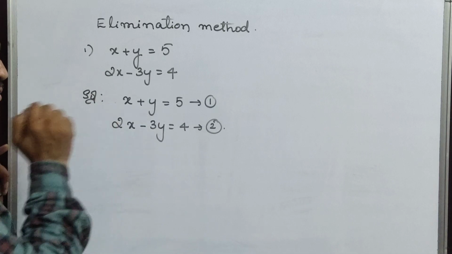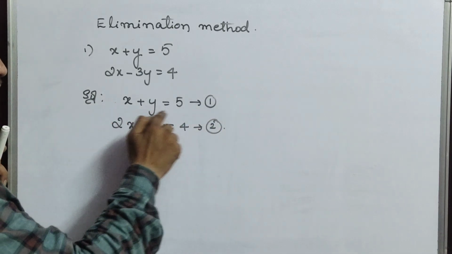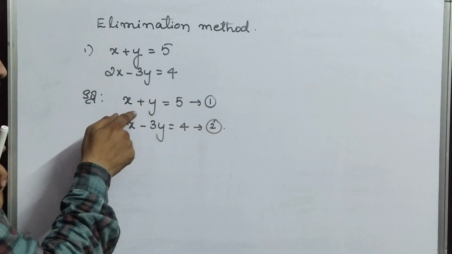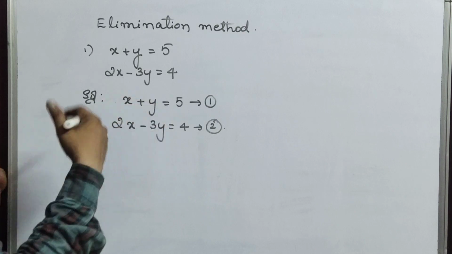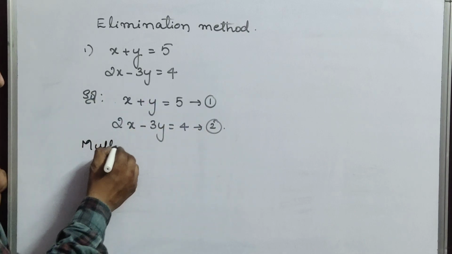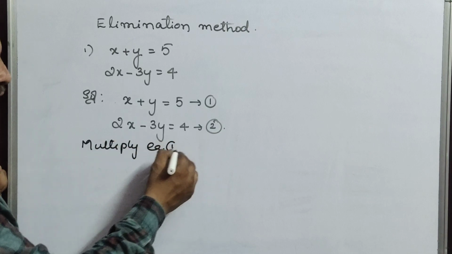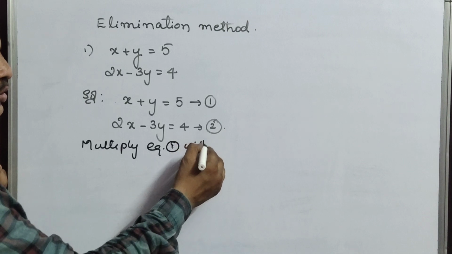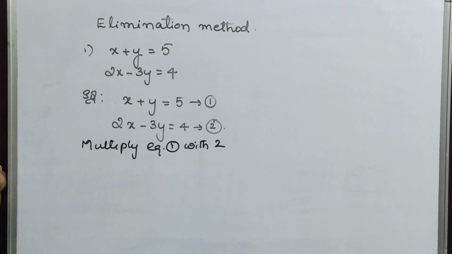How can you make it into 2? Can you tell me? Multiply the whole equation 1 with 2. That means you have to write in words: multiply equation 1 with 2.